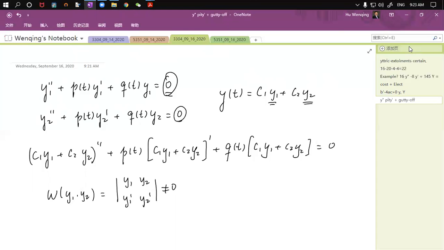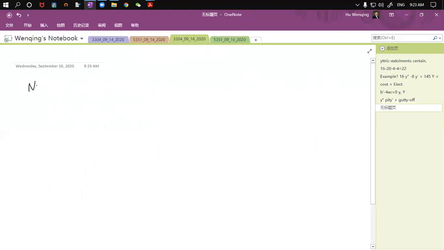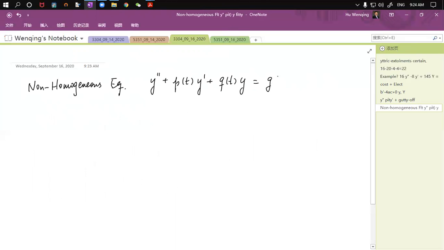What does that mean, a non-homogeneous equation? Let's say by non-homogeneous equation, it means an equation that must take this form: y double prime plus p of t times y prime plus q of t times y is equal to some kind of g of t.